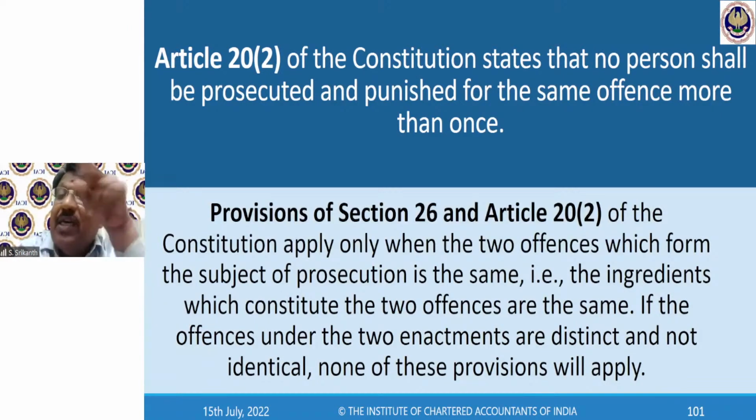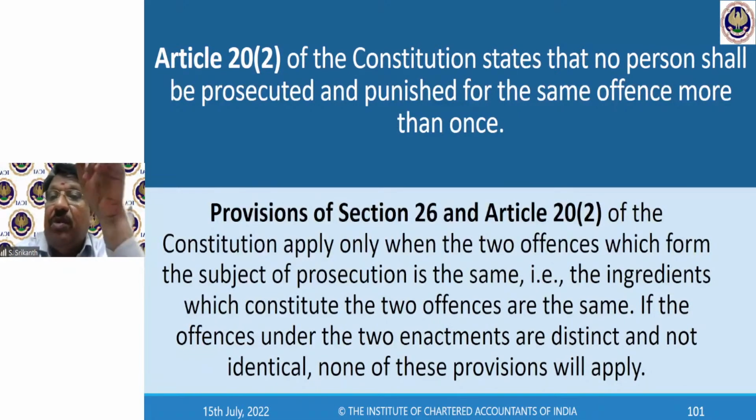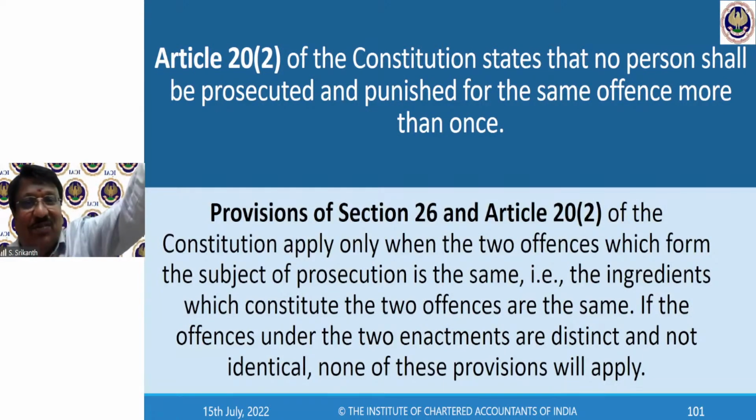That is why I gave you the subtle example of AGM, where not holding AGM is not the offense. Not holding AGM within 15 months is an offense. Not holding AGM in the same year is an offense. It is a different offense. Not holding AGM within 6 months from the end of the financial year is another offense. That is how I am considering it. Not one single offense, 3 offenses.